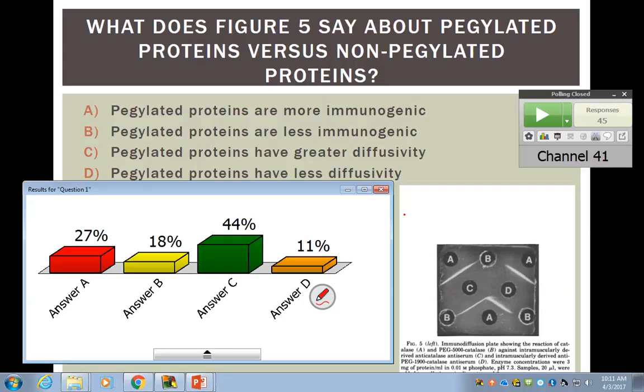I'll say that because you say the lines represent antibody-antigen recognition. Okay, the lines represent antibody-antigen recognition. And so what is it about where the lines are that make you think that pegylated proteins are more immunogenic than the native protein?